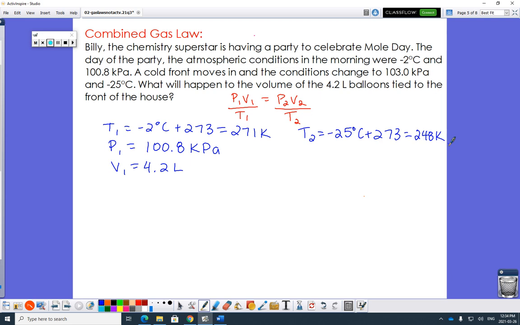So now with Kelvin, a colder temperature is a smaller number, right? So that makes more sense mathematically. And it asks us what happens to the volume. So pressure increases, volume decreases. That means that temperature decreases. That means our volume should go down as well.